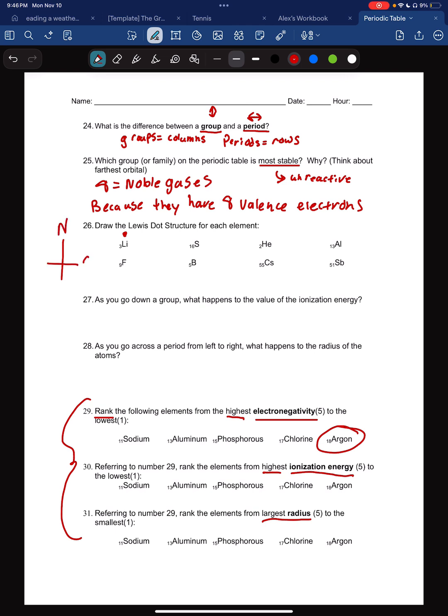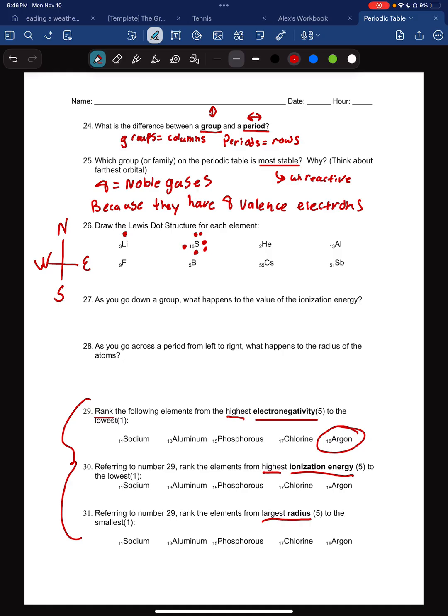So I have north, east, south, and west. That's the kind of direction of how we want to do it, all right? So you're going to start with north. So right above it, you're going to go 1, and you're going to go clockwise. So I got 1, 2, 3, 4. Now I need to make 6 in total, okay? Now I'm going to start filling them in from the top again, making pairs. So now I got another one here for 5, and then another one here for 6, okay?